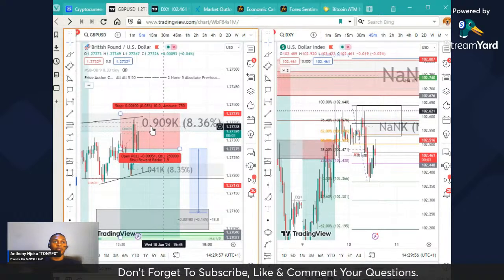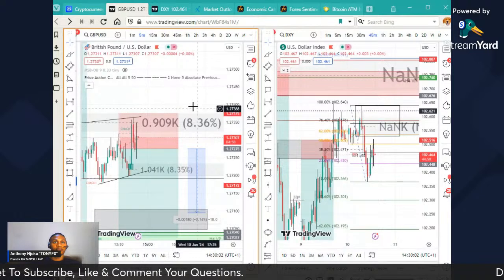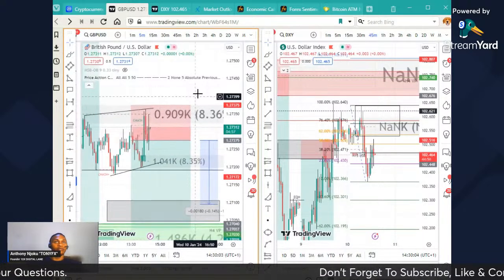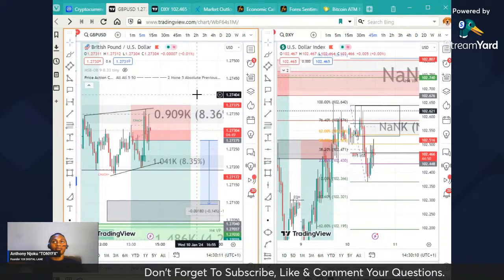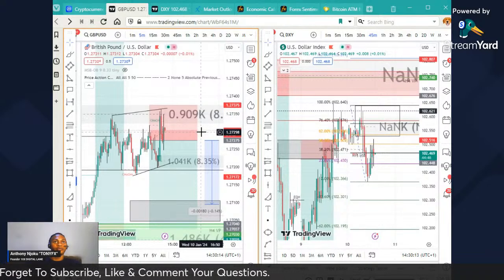So it's going to pick these trades here, and now it's going down. The new 45 minutes candle is formed.